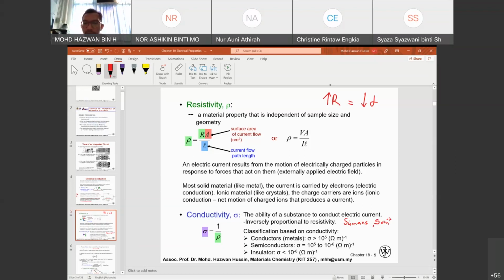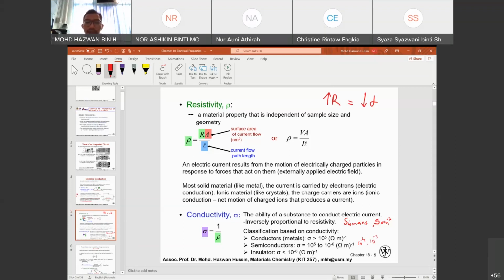Semiconductors normally will have values in between, from 10 power of 5 to lower, 10 power of minus 6. So in between this, 10 power of minus 4, minus 3, minus 2, and so on will fall under semiconductors.